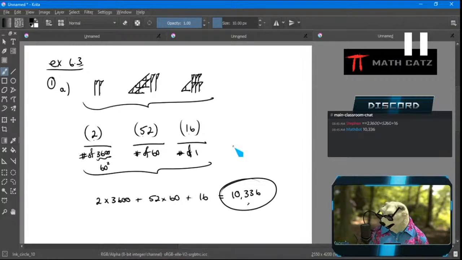But just to clarify, I put the numbers in brackets just to remind me that I'm not quite done. It's not the answer. I'm just helping myself remember what the pieces are.